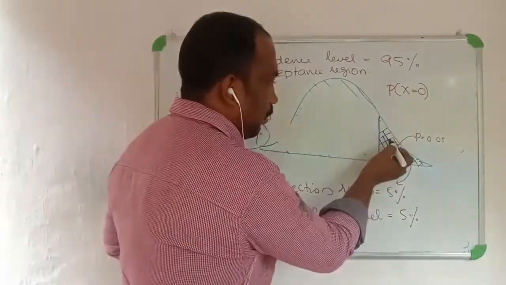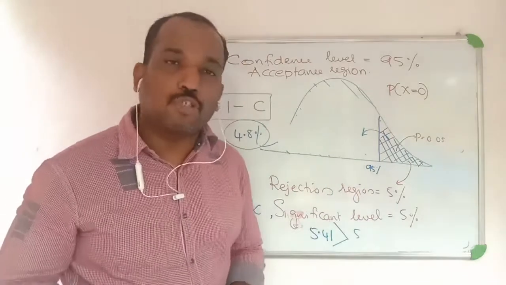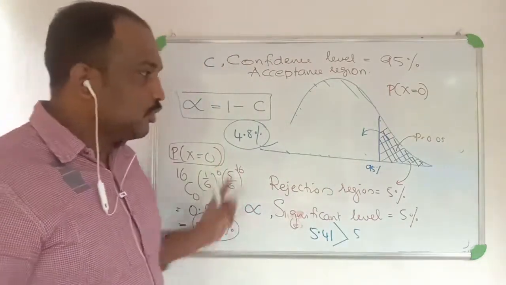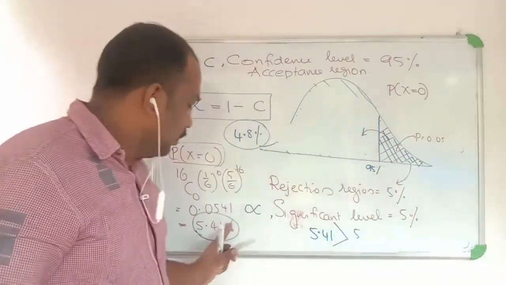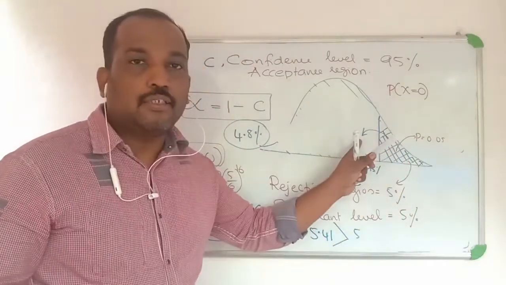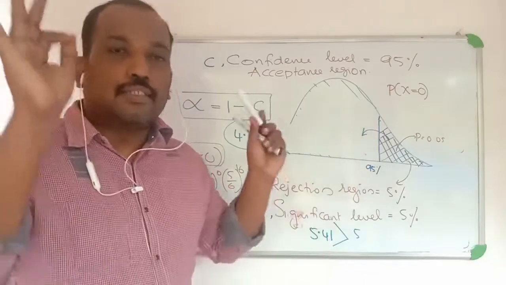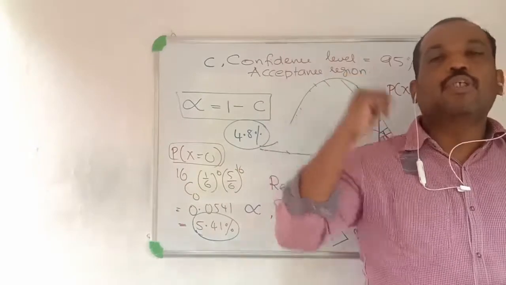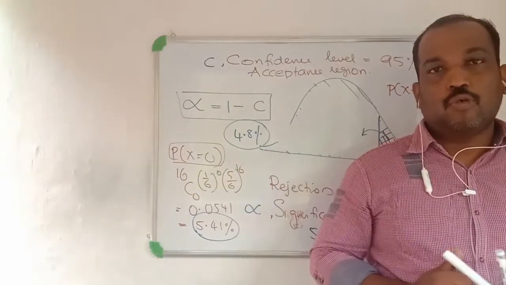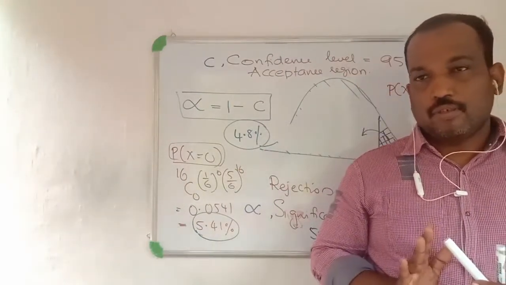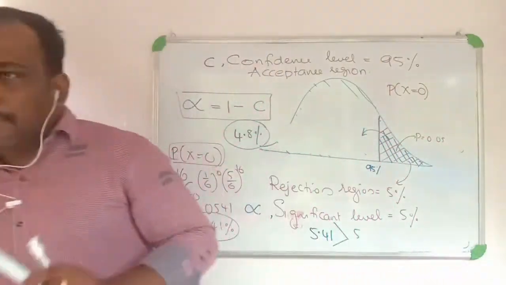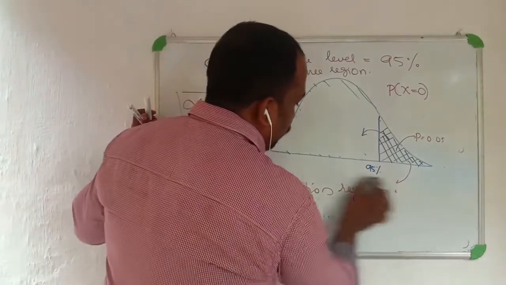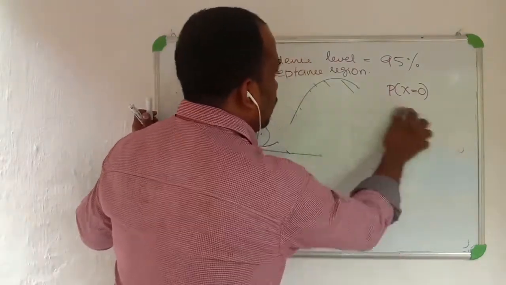It comes out of the rejection region, so in such a case you have to accept the original hypothesis, the original claim. It's a bit confusing, but when you think once again, it will be very easy.